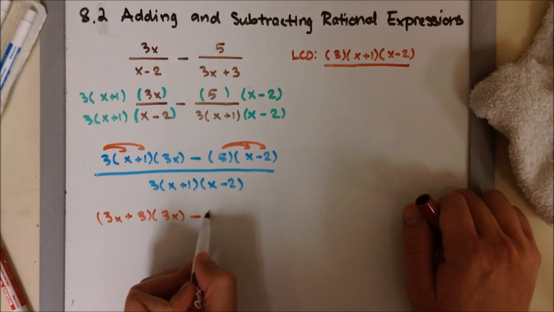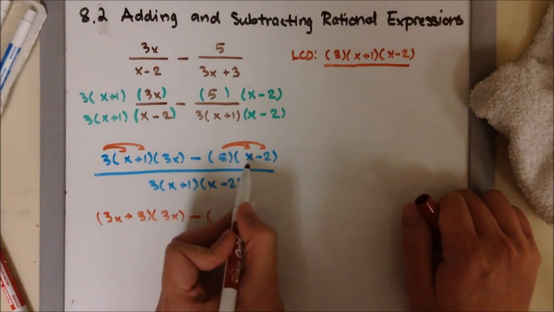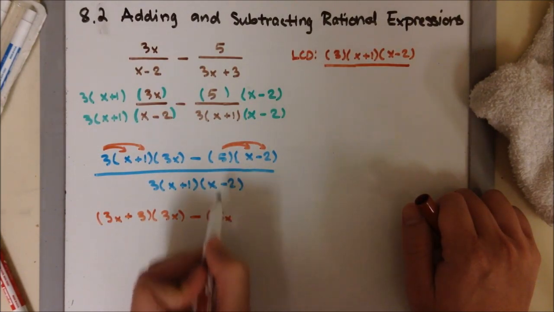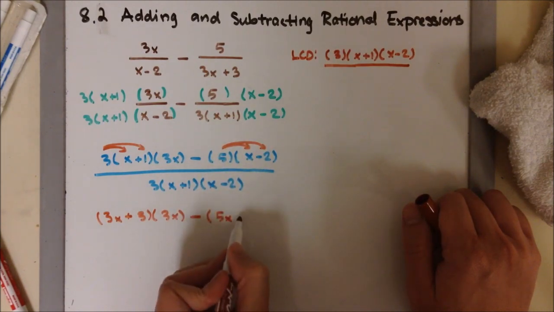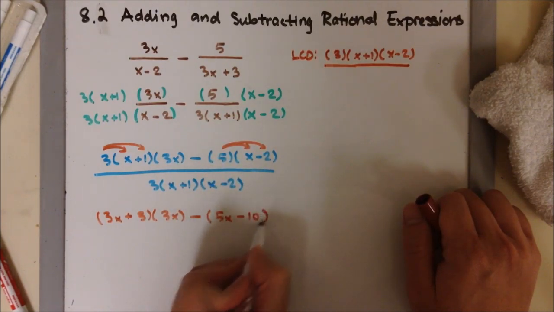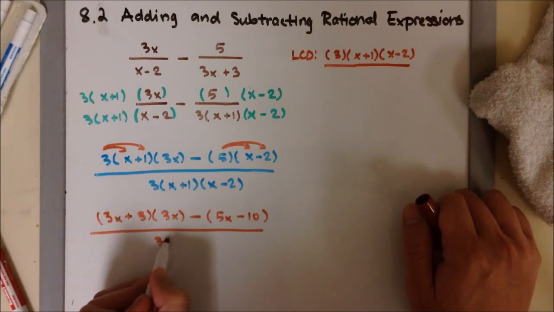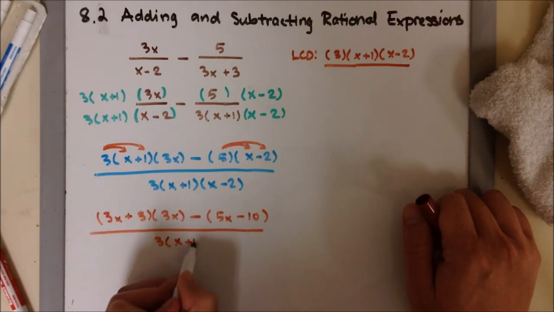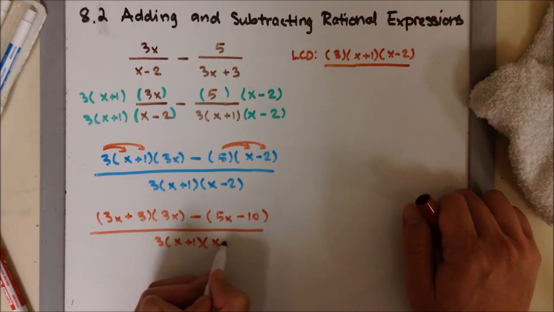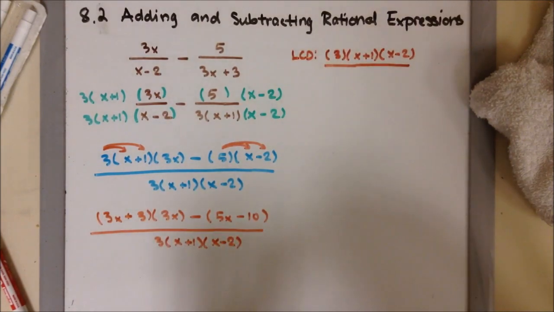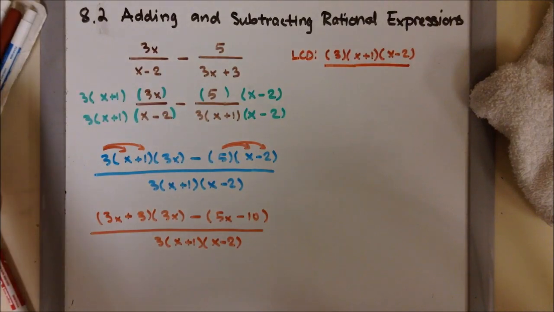So I'm still going to have parentheses. 5 times x is 5x, and then 5 times negative 2 is negative 10. Close parentheses over my LCD. Alright, I'm going to keep simplifying.